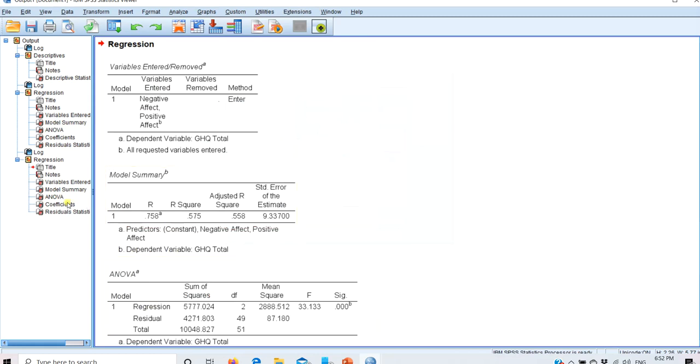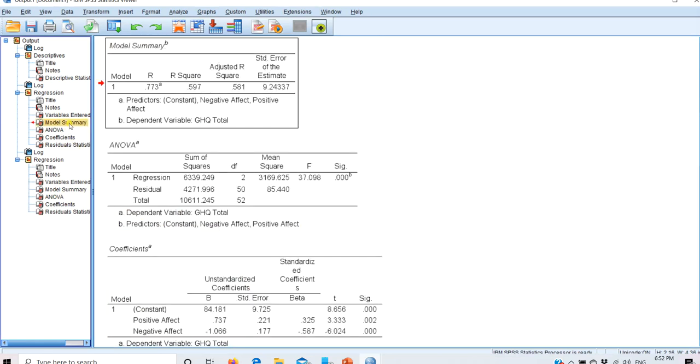Now compare. Without the outlier, it is explaining 57.5% variance. And when the outlier was there, it was explaining 59.7% variance. 59.7% versus 57.5%.